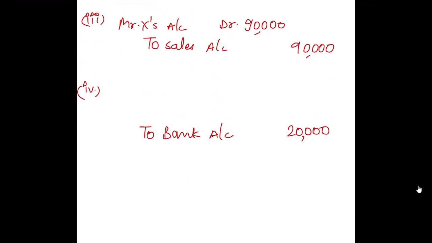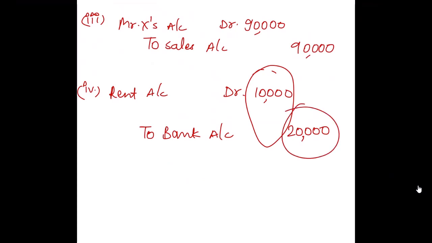But how much is the expense for the current year? That is only 50%. So I will book the expense, that is rent account debit, only with rupees 10,000. Sir, the debit side it is 10,000, the credit side it is 20,000.